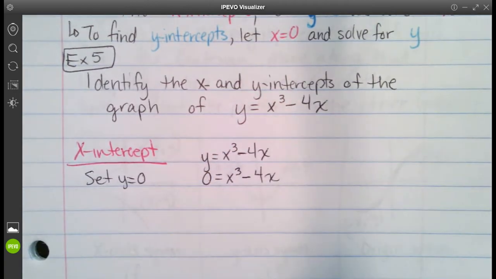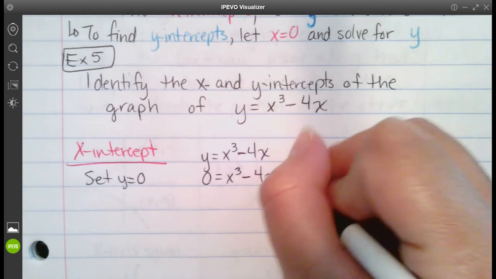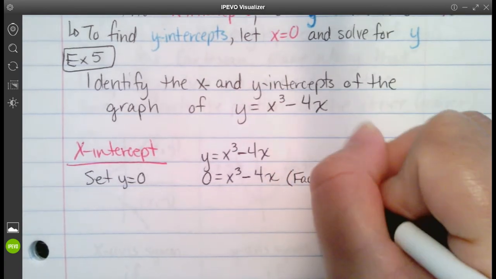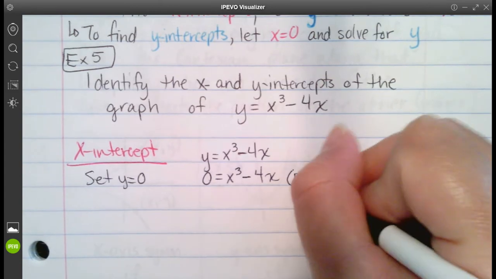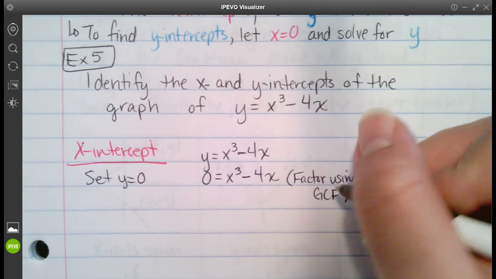Okay. Now, some of you might not remember this next part, so please pay close attention. If you have more questions about it, reach out to me, let me know. Here, what we're going to do is factor, okay, so we are going to factor using GCF first. GCF stands for greatest common factor.